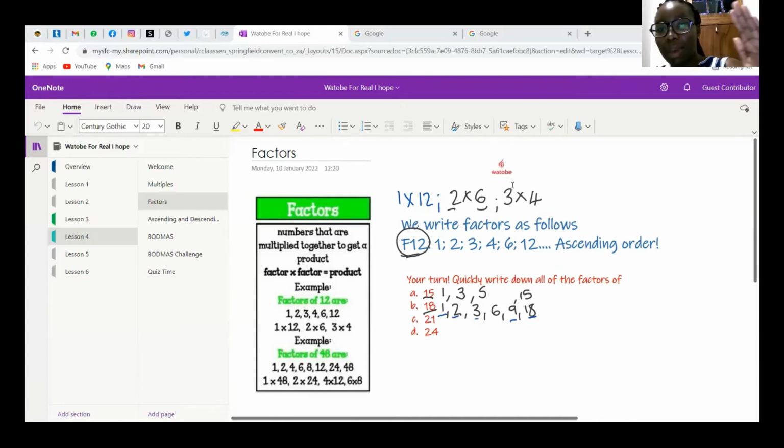All right, Simanye, can you please give us the factors of 21? Sorry, ma'am, I've been raising my hand for a long time. Who's raising their hand? It's me, ma'am. Okay, can you do 24 for us? Hold on. We're going to ask Simanye to answer 21 for us, and then you can answer 24.